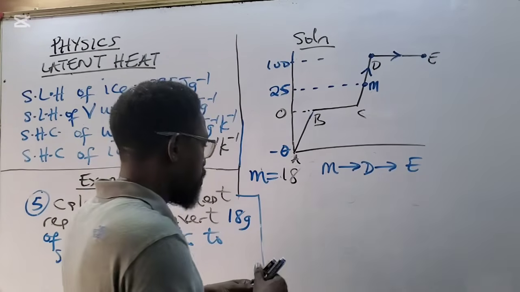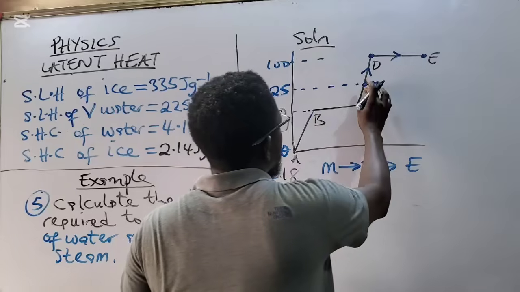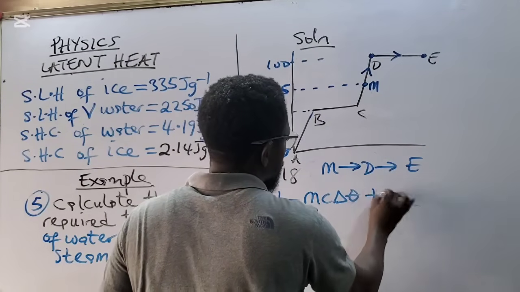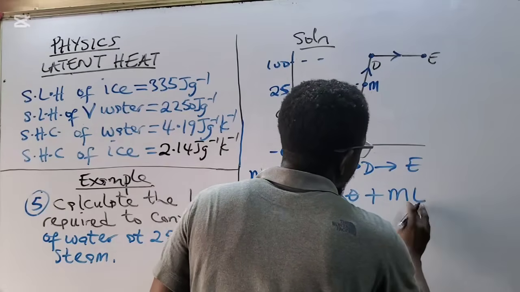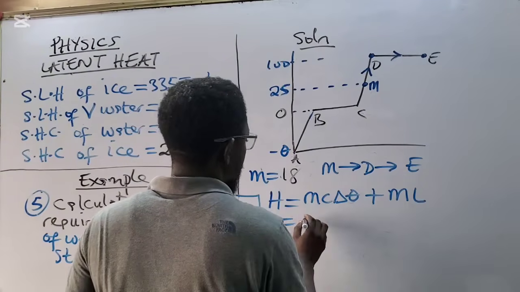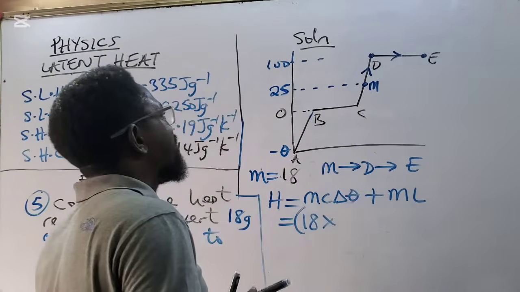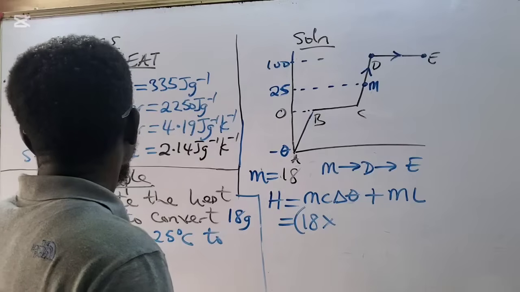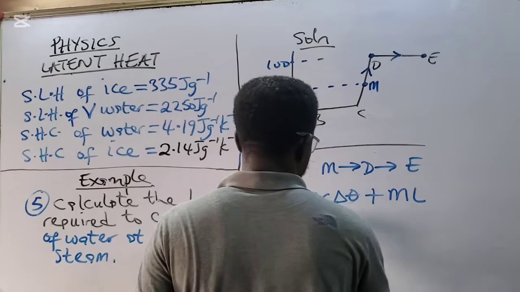So now I will have heat equal to, from here to here, MC change in theta, because there's a change in temperature. Then from D to E, I'll have ML. The mass of water is 18. At this point, we make use of the specific heat capacity of water, that's 4.19.